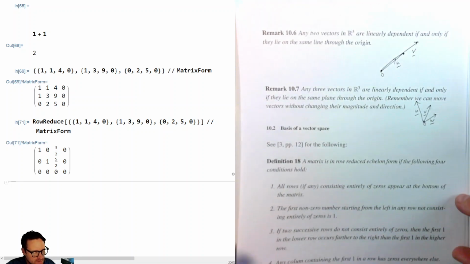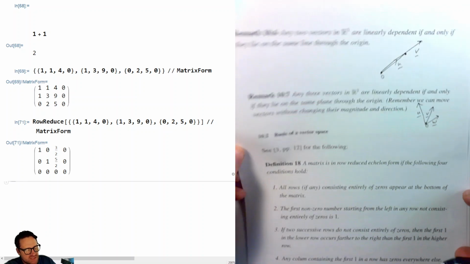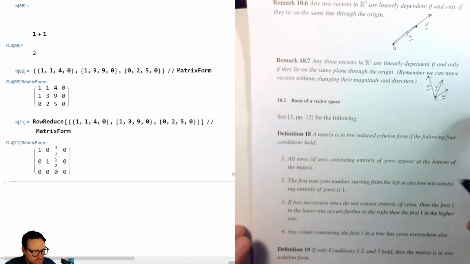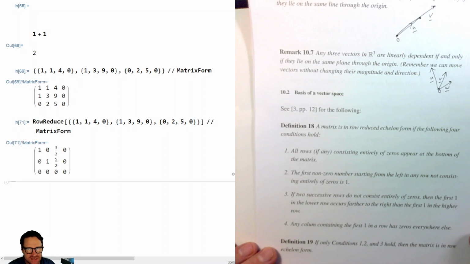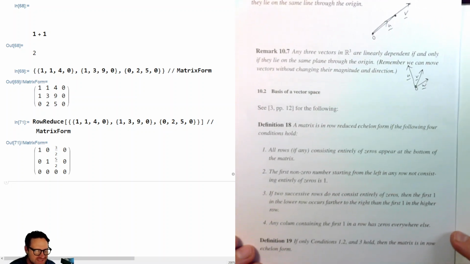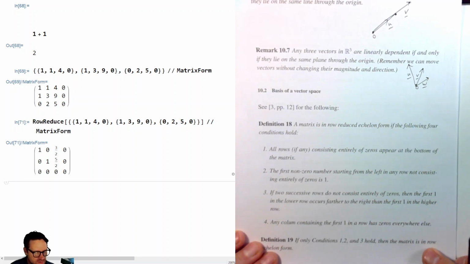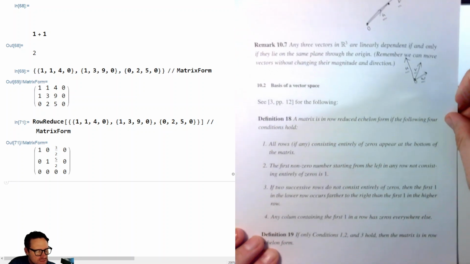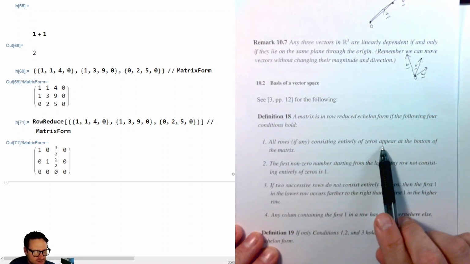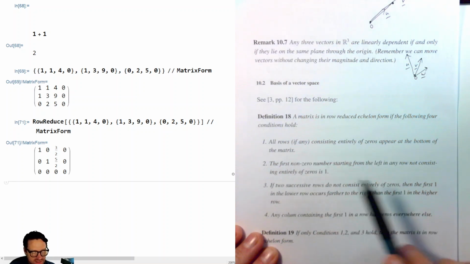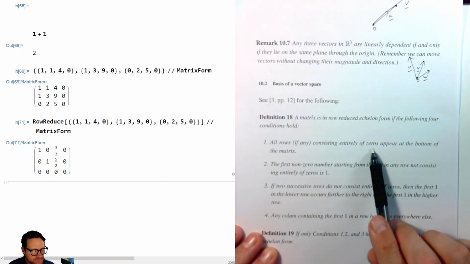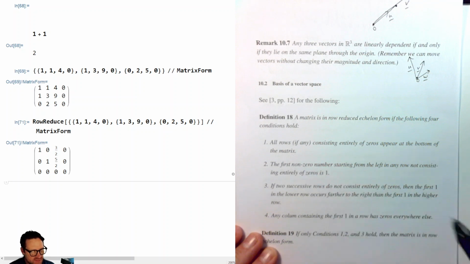Okay, let's move on to the topic of basis of a vector space. Definition 18. A matrix is in row reduced echelon form if the following 4 conditions hold. One: all rows, if any, consisting entirely of zeros appear at the bottom of the matrix. So whenever we have a row of zeros, it has to be at the bottom of the matrix.